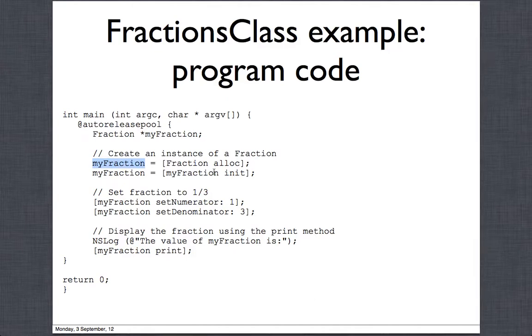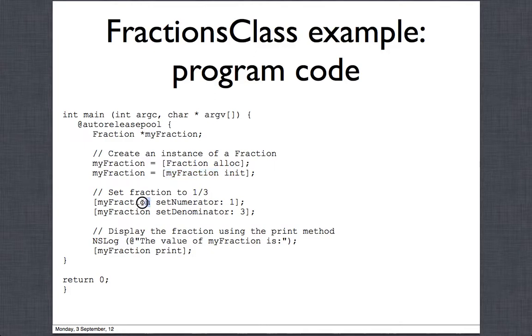So when we created this fraction here, we set those two variables to 0. And then we call init, but not on the class, on the instance already. So we have this instance, and we have to initialize it. What happens in initialization we're going to talk about probably in the following lectures, but this is what you have to do if you want to use an object. You have to allocate memory and initialize the object. Then you can just use it. You can send messages that you wrote.